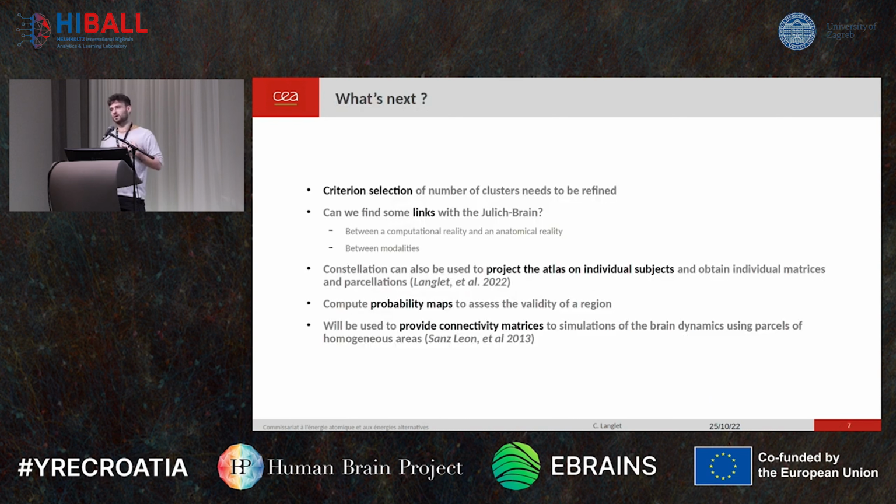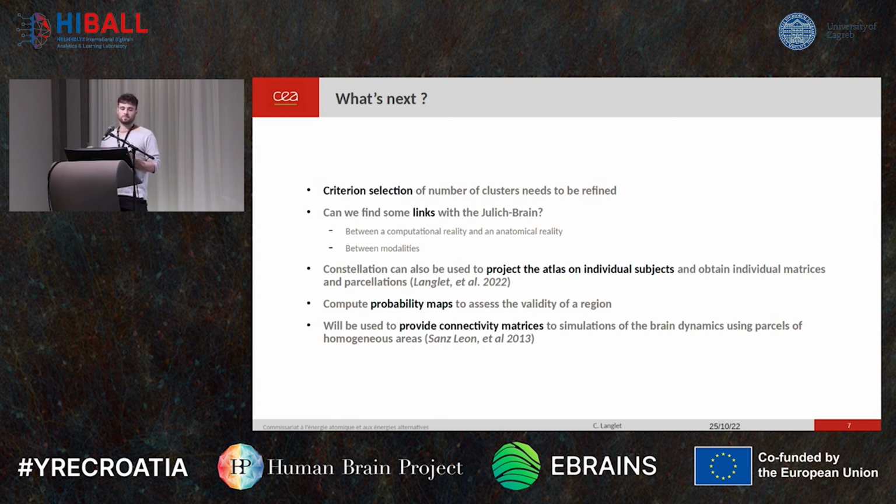As I said, the criterion selection is a bit arbitrary. We took 300 square millimeters. In another study we used the silhouette criterion, but it's difficult to select the right one.